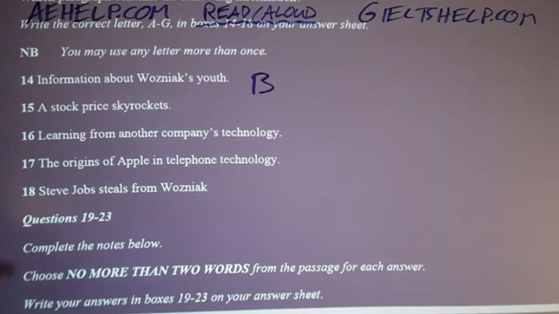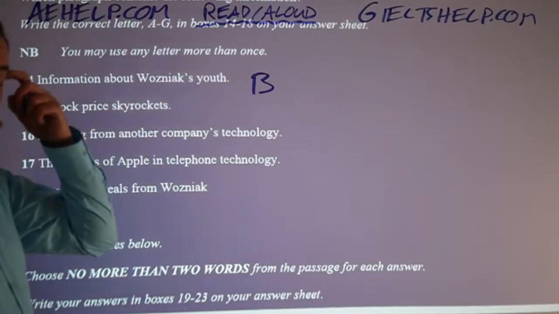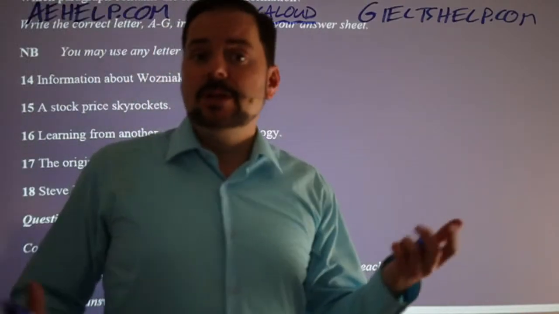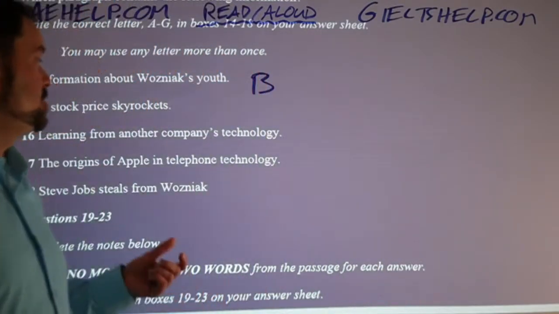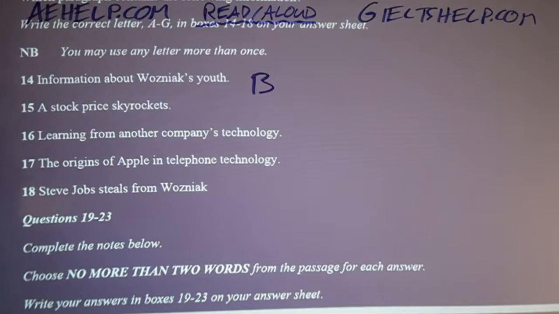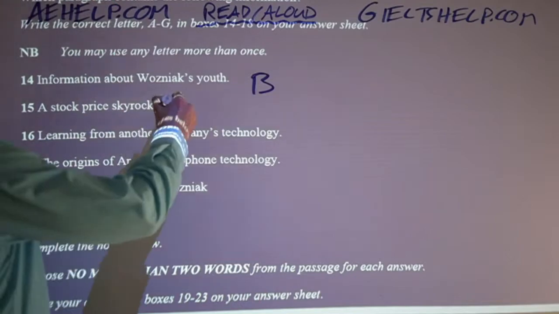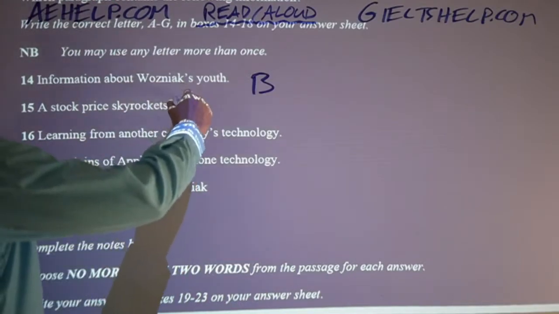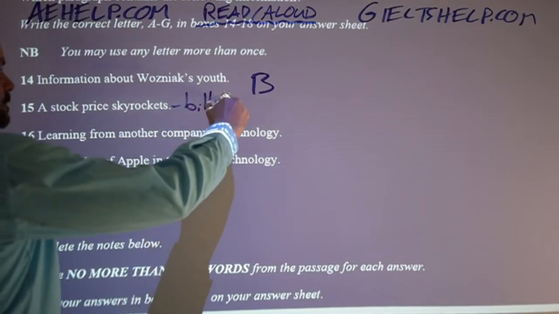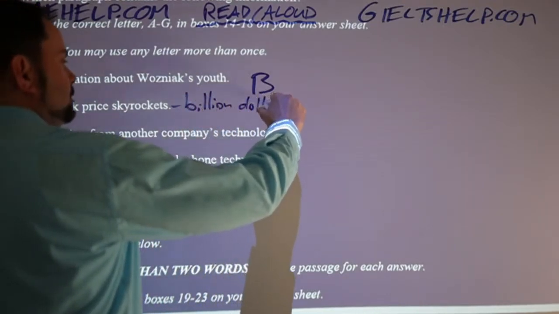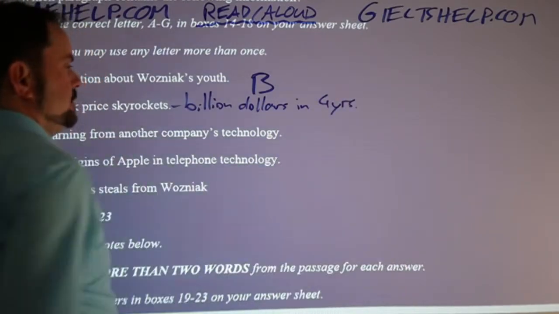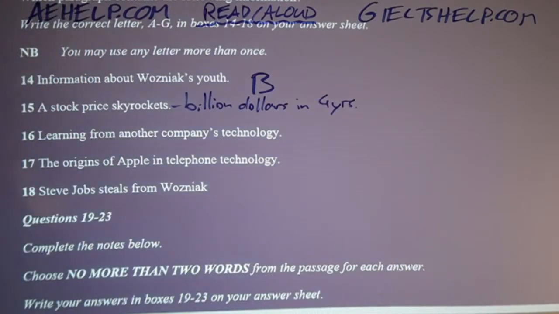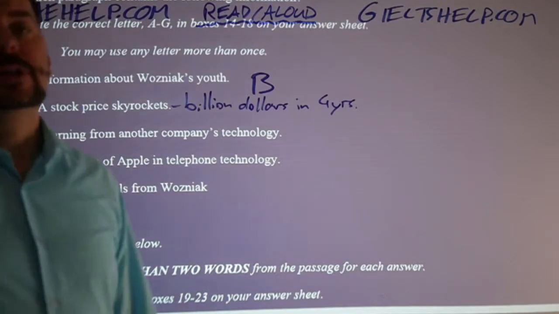Okay. Number 15, a stock price skyrockets. All right. So which paragraph contains that information? Now, I remember that this one was the $1 billion in 4 years, right? So we read about the $1 billion in 4 years.